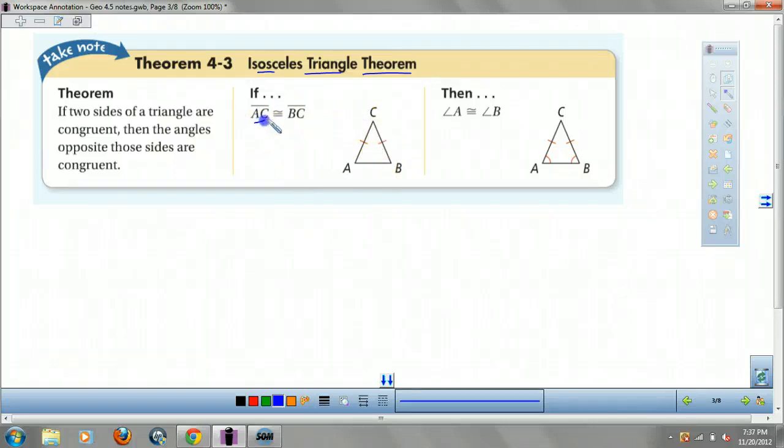So, for example, if AC is congruent to BC, isosceles triangle, the angle opposite of CB is angle A. So that means angle A is congruent to, well, the angle opposite AC, which is B. Okay, so your base angles are congruent.